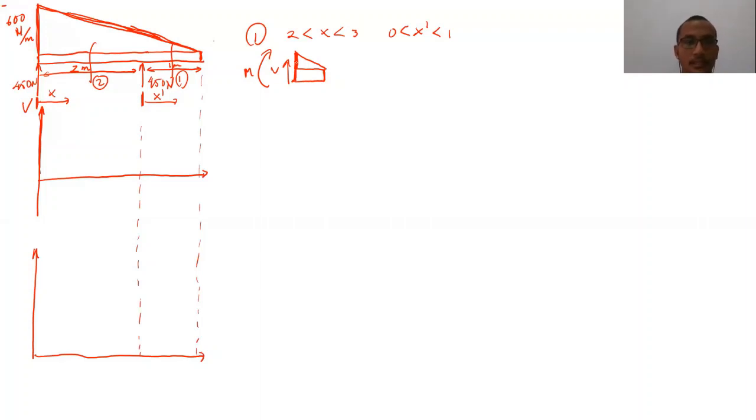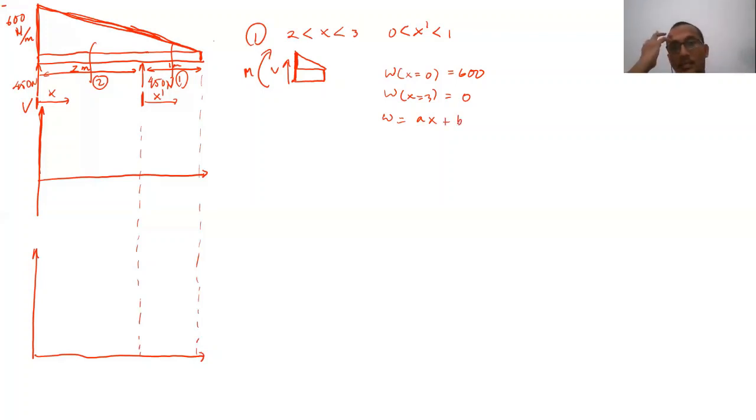Remember that the maximum value is 600, where W is equal to 600 when X is equal to 0, and W is equal to 0 when X is equal to 3 meters. So in this case, we will be able to find the equation for W. Remember that the equation of W, because it's linear, will follow this equation.